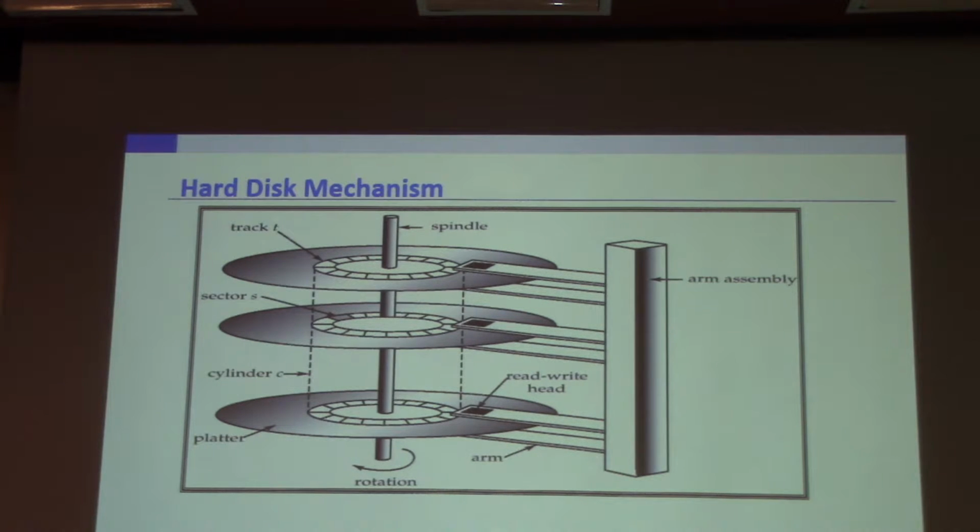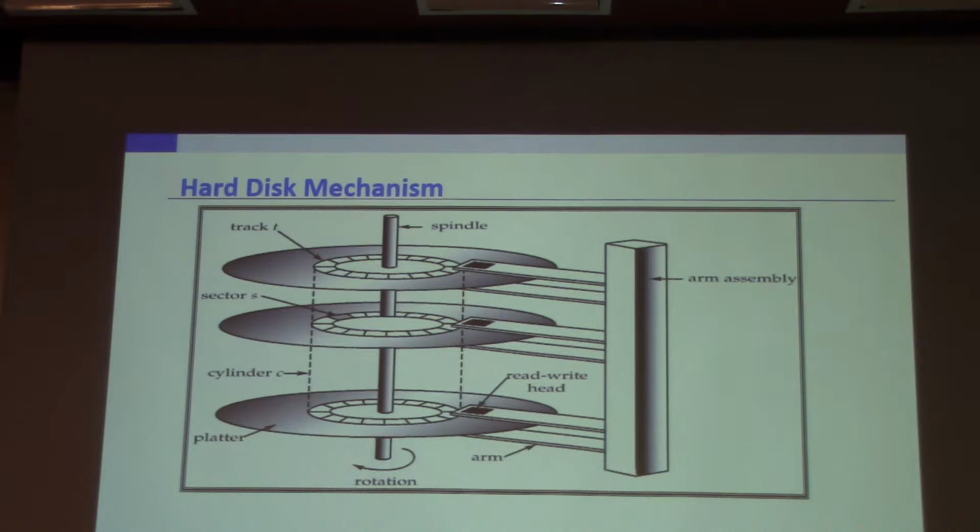So you need to wait for that to be rotated over to be right under the head of the arm to start reading data from disk. Okay? So if you think about it, there are two delays involved in reading data from disk, which is the movement delay and the rotation delay.